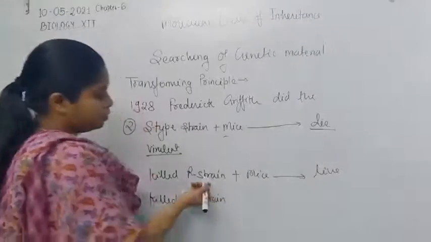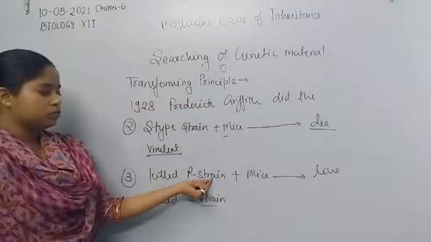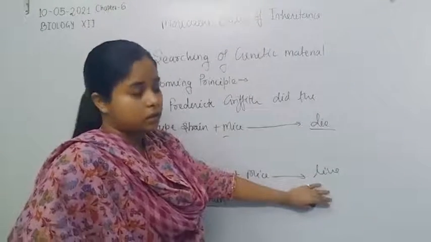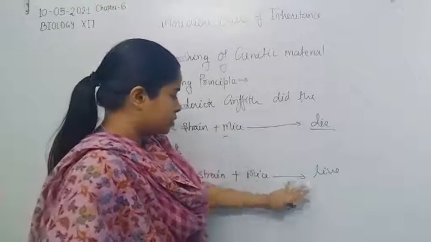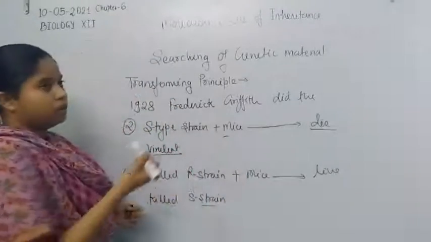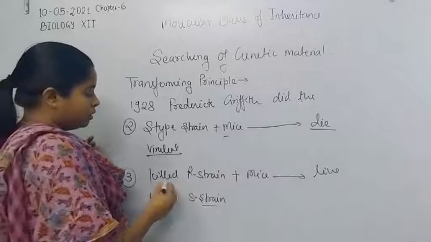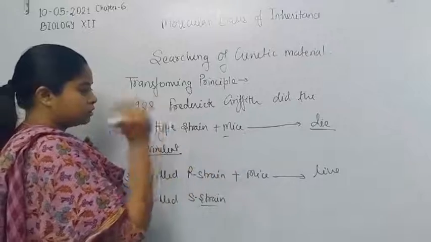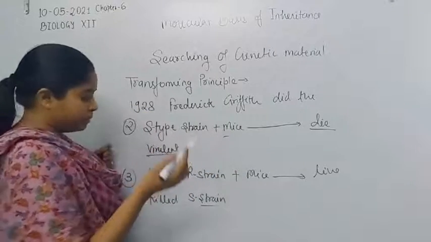Because they are non-virulent, the mice were still alive, because in the live form they do not cause any disease. So the killed strain also didn't cause any type of disease in the mice.